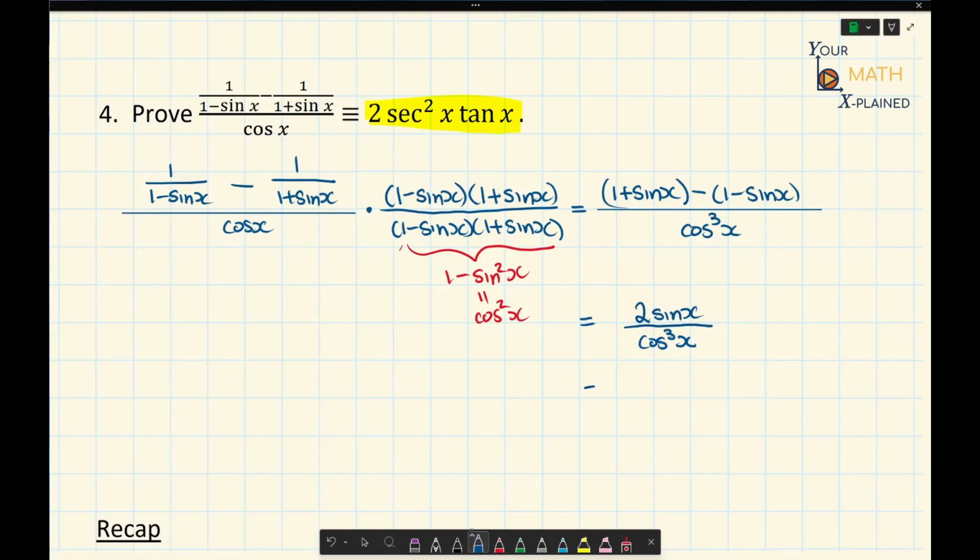So this is equal to 2, and you can think of this as sine x over cos x, and then we have 2 extra cos x, or cos squared x, left over on the bottom. So then this is equal to 2 times, now sine x over cos x is our tangent x, and then 1 over cos squared x is going to be our secant squared x. And now we have arrived at the right-hand side and have thus proven this identity.